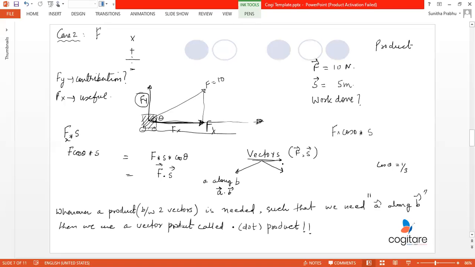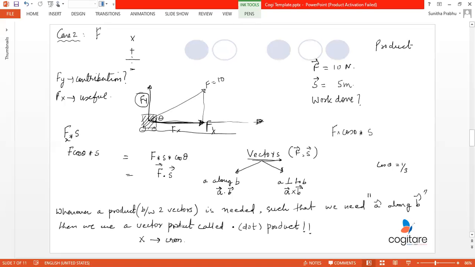And another type of product is called A perpendicular to B. And for this, you will use A cross B. So this is called cross. This is not a multiplication sign.